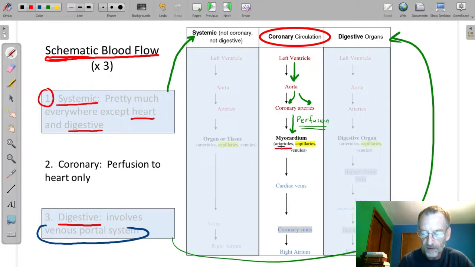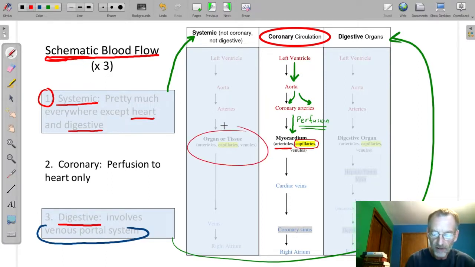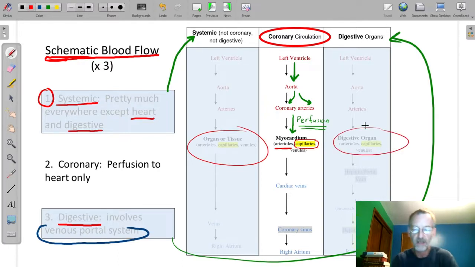This is general for all circulation. And then the perfusion, the exchange of blood with the interstitial fluid, occurs at capillaries. So that's true for all three of these circulatory systems.